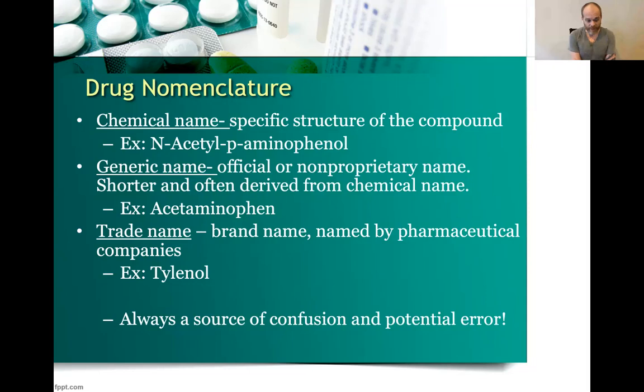So if you look at this example here I have on the slide, it says acetaminophen. Well, acetaminophen, its chemical name is N-acetyl-P-aminophenol. Acetaminophen is its generic name. And its trade name, which is the brand name, is Tylenol.